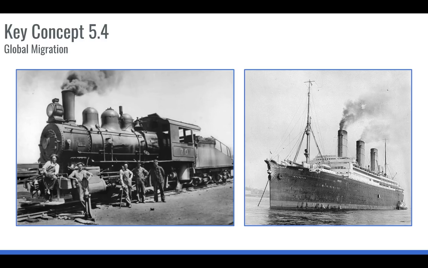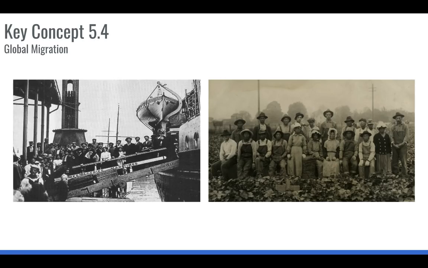The new methods of transportation also allowed for many migrants to return, sometimes periodically and sometimes permanently, to their home societies. It made it much more possible as travel became cheaper and easier. And some examples of this are seen with Italian industrial workers moving to Argentina seasonally and temporarily. You can see that in the left image here, Italian immigrants arriving in Argentina.